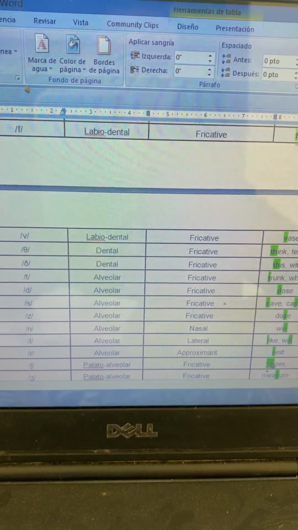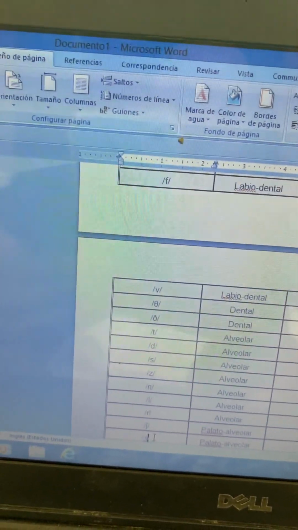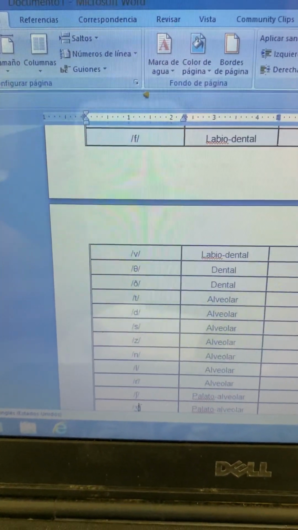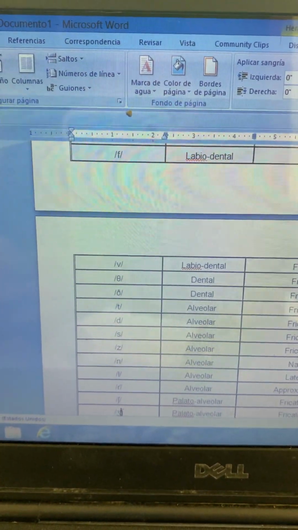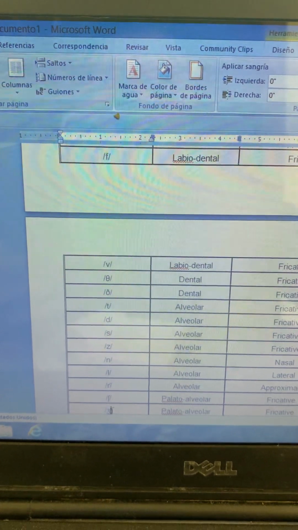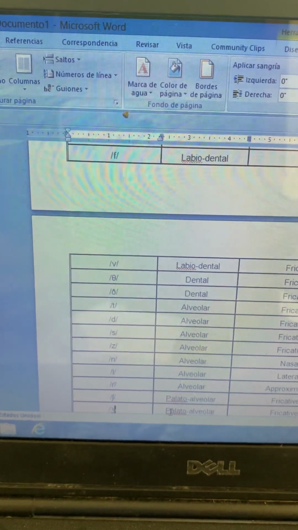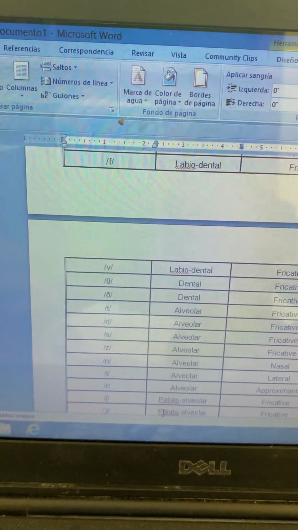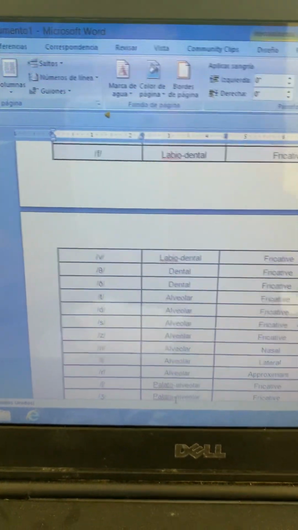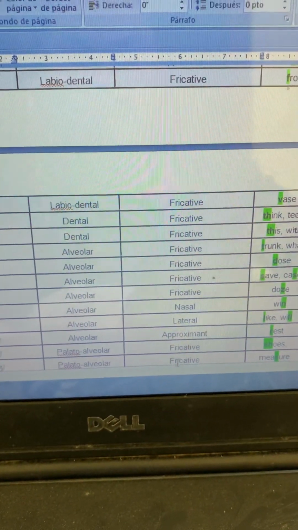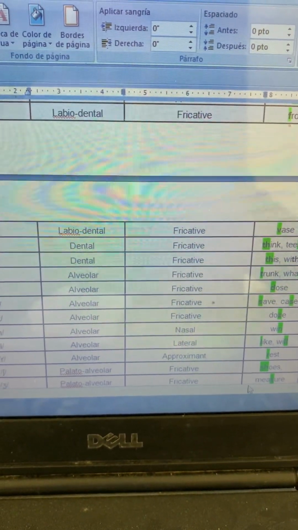For example, choose. And here we have the consonant which is voiced, palatal-alveolar, fricative. For example, mature.